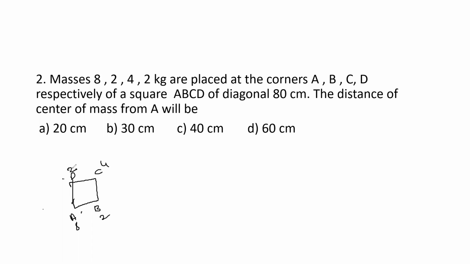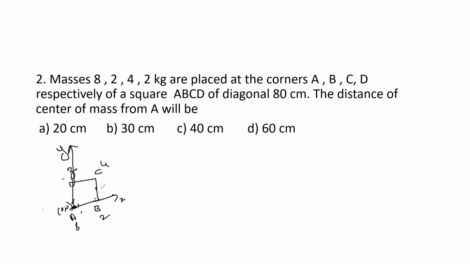Let a be the side of the square. Suppose we consider AB as the x-axis and the perpendicular side as the y-axis. The coordinates at A will be 0, 0.